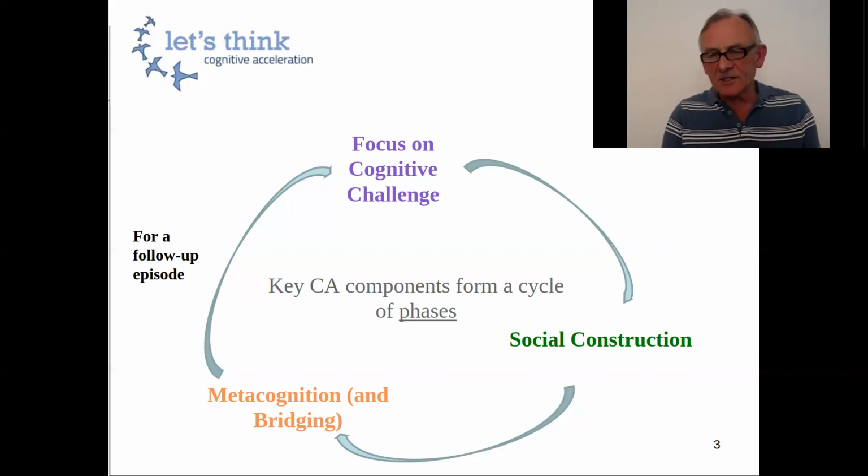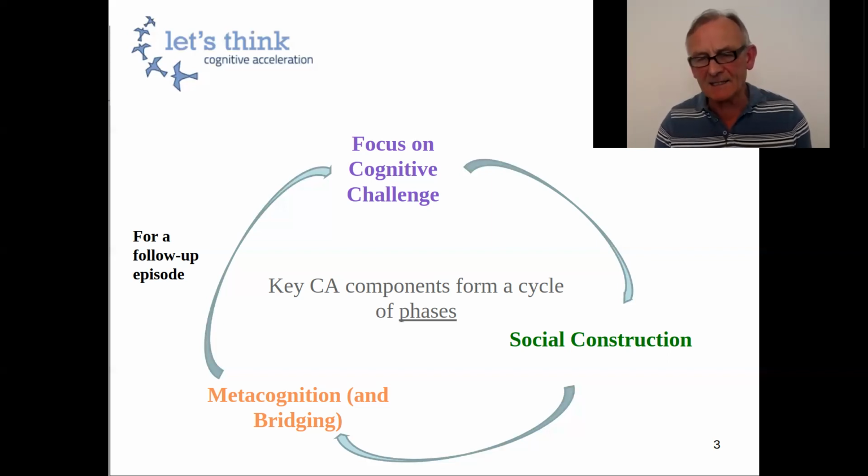A lot of teachers that I've trained say, oh, we always leave metacognition and bridging to the last, and we never seem to get around to it. And I say, well, you've got lots of opportunities very early on. For instance, when a student says, oh, I didn't know that you have to play home and away, they're already monitoring their lack of knowledge. You say, I don't know anything about football.